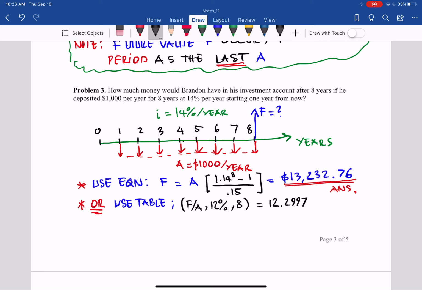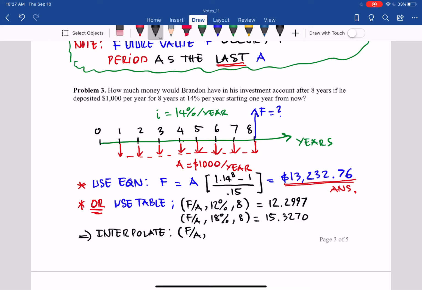12.2997. And if we have F over A for 18%, 8 in that table, it will be 15.3270. From that we can interpolate, and you can apply the interpolation equation; I give that to you to try yourself instead of me going over this.